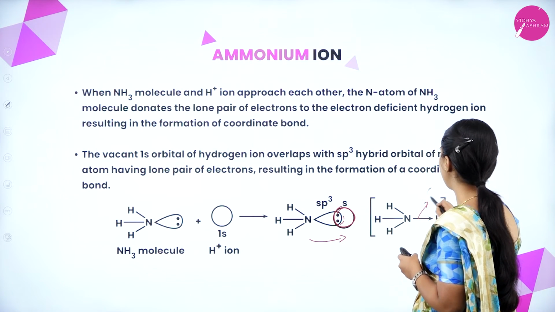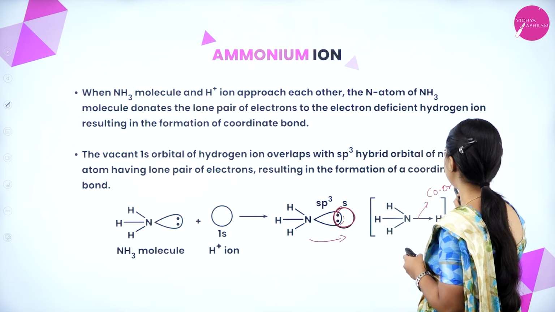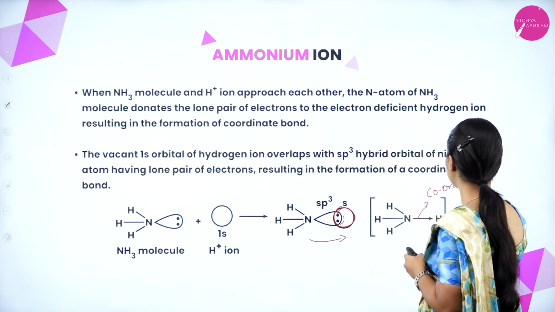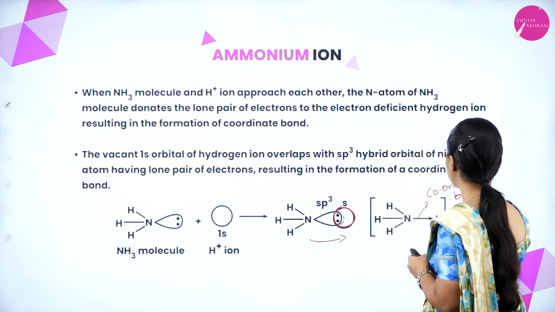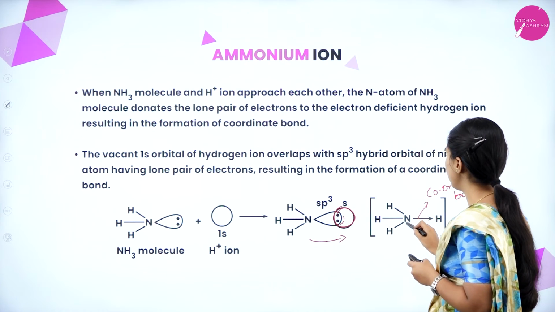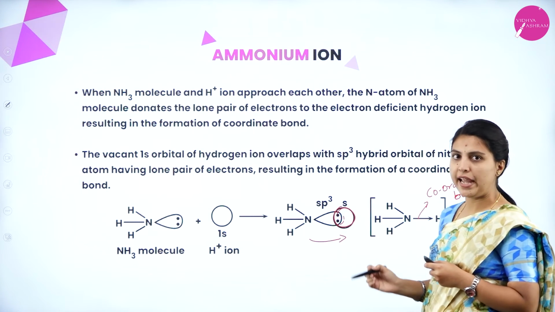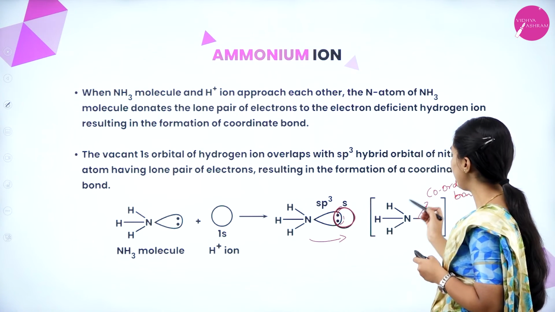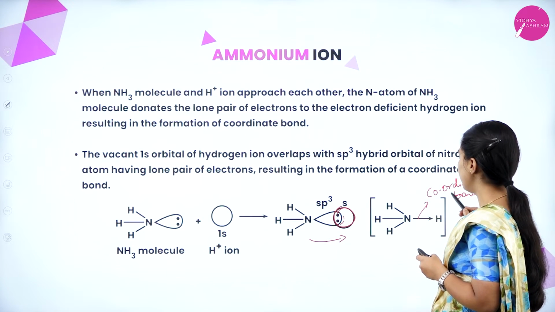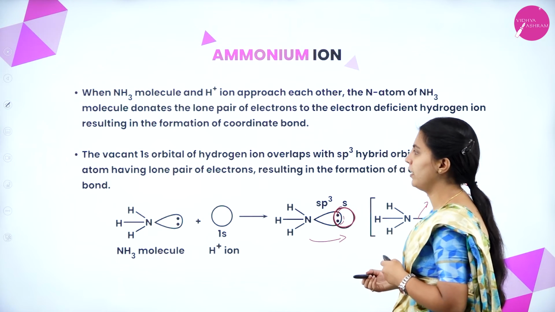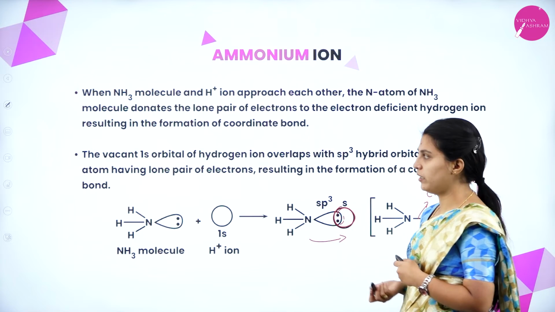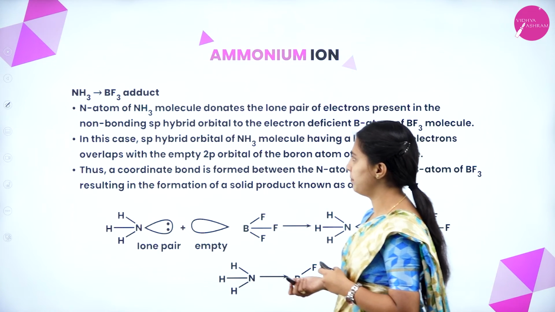This is a coordinate bond. Because this nitrogen is donor, this hydrogen is acceptor. This is electron rich in nature, this is electron deficient in nature. This is about coordinate bond with an example.